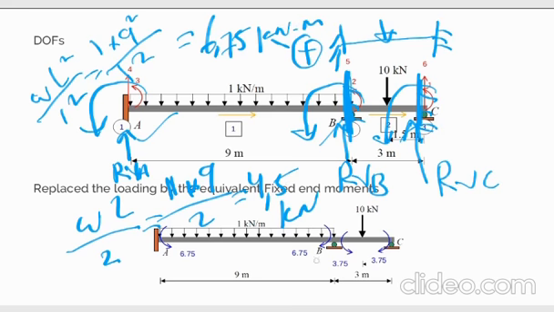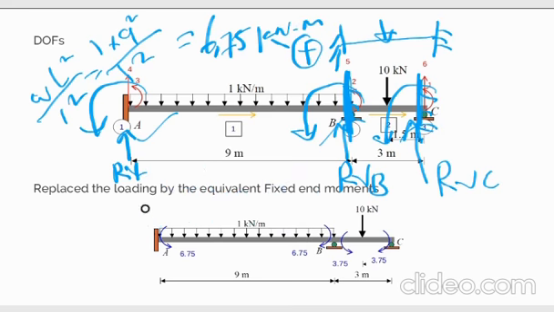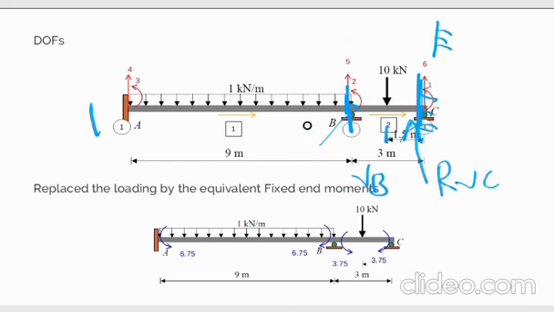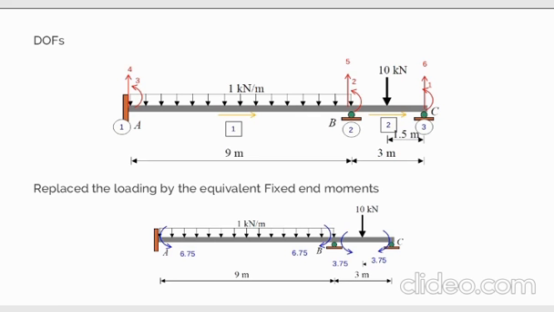Then the same way for the other side. Now I go to B, also assumed fixed. The reaction at B, same rule, WL over 2, same values, equals 4.5 kilonewton.